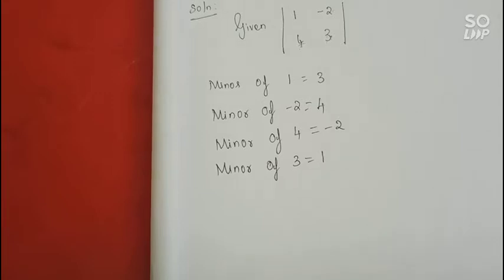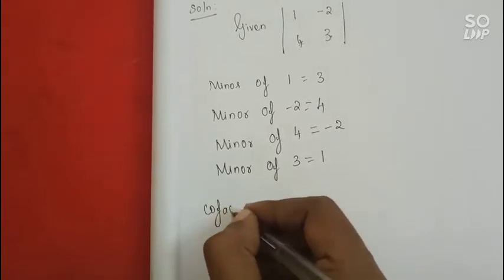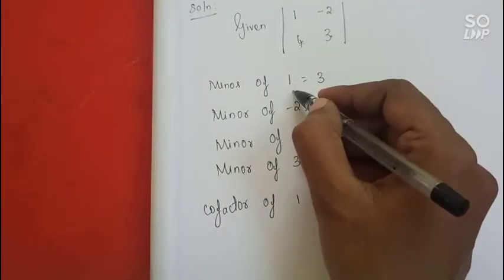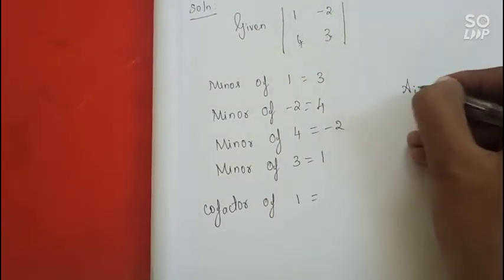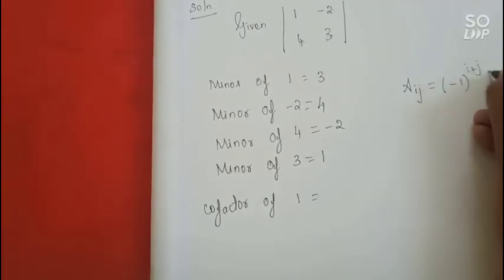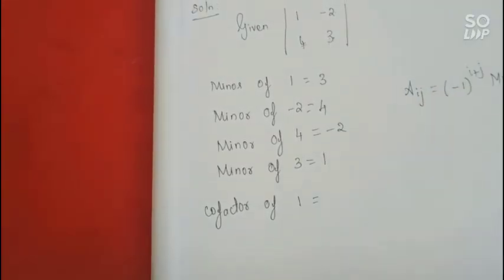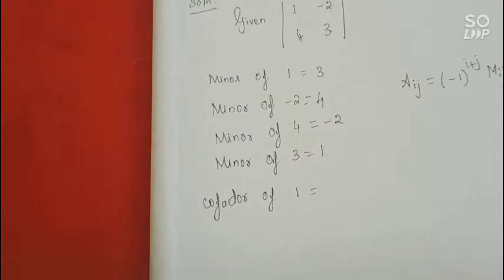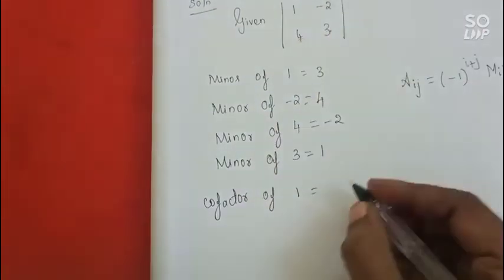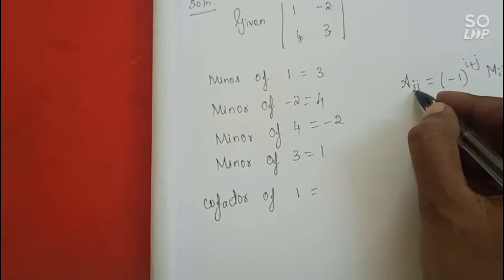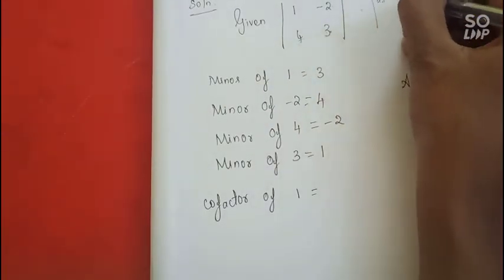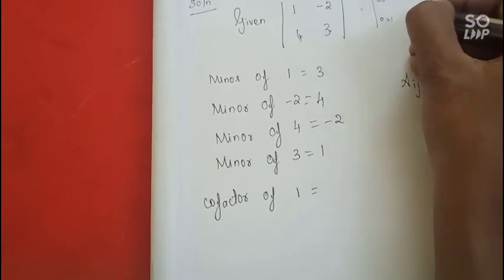Understand? This is one. Then cofactor means there is a small difference. For cofactor of 1, each one needs to be found. Before that, one formula we have learned now: Aij is equal to (-1) the whole power i plus j into Mij. So cofactor of 1 means first row, first element. If you need, you can write like this: A11, A12, A21, A22.